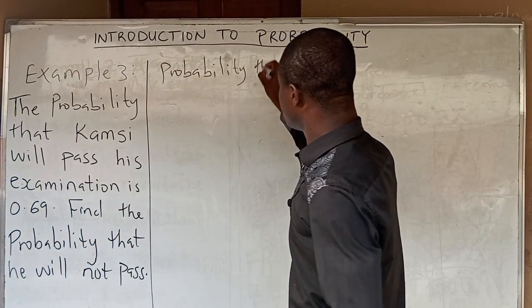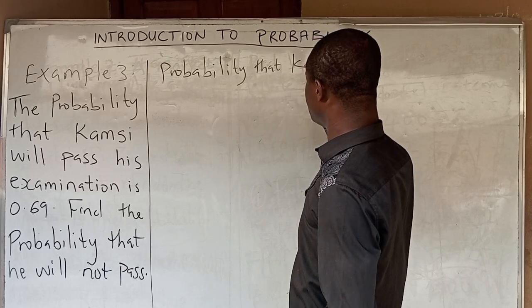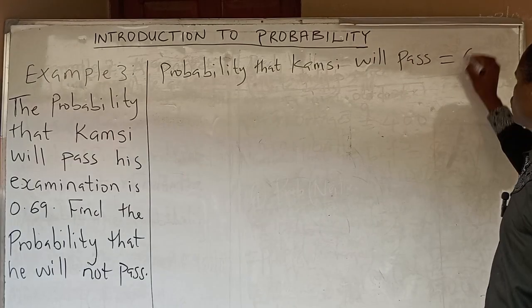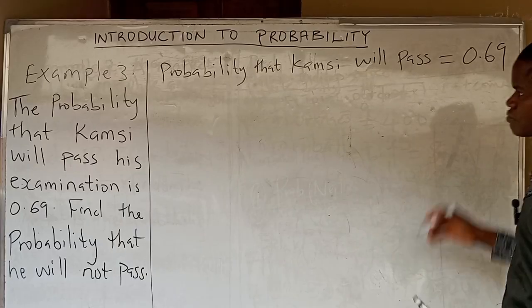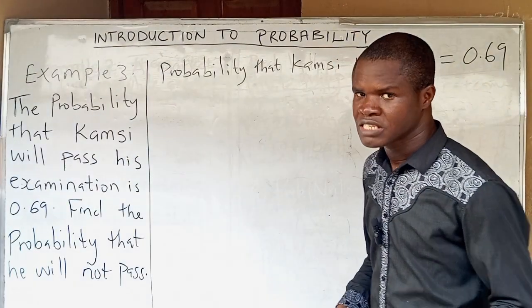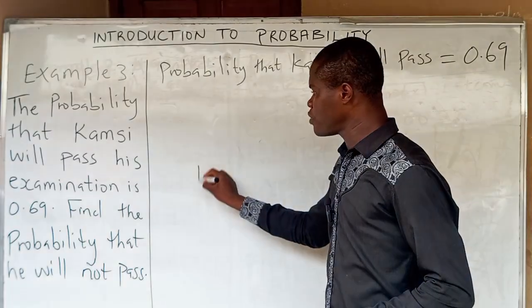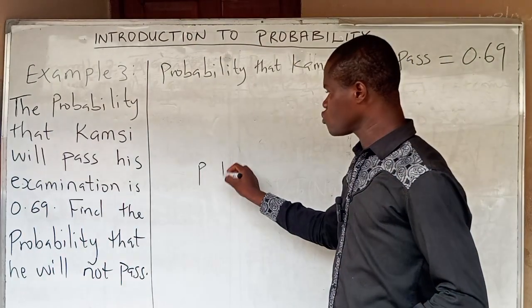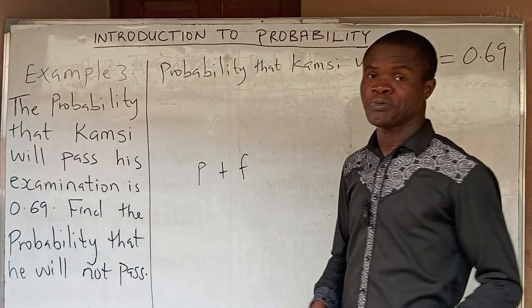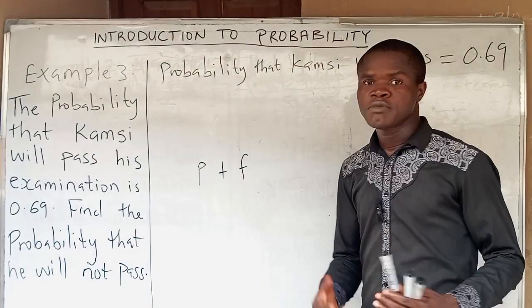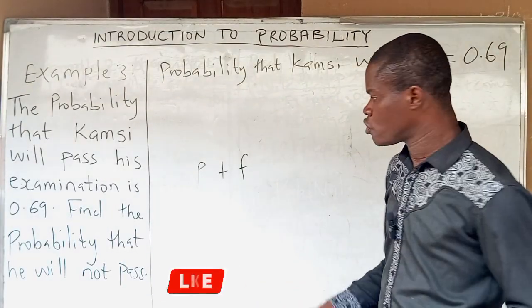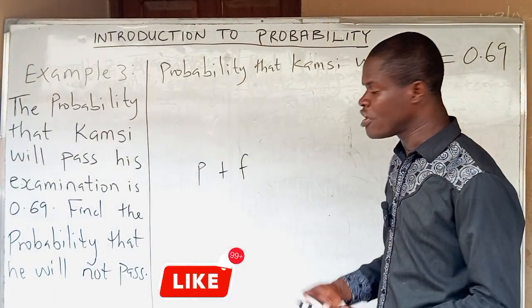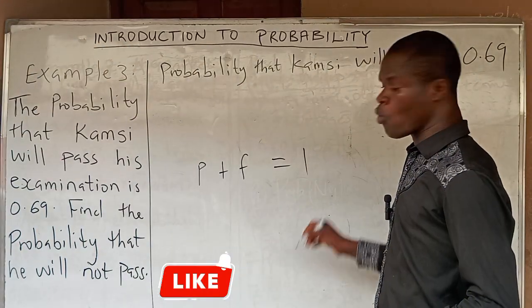probability that Kamsi will pass is equal to 0.69. Now let's do this little arithmetic. I want to use P to represent pass, and I want to use F to represent fail. Remember, I told you from the introduction that the probability of success plus the probability of failure is equal to 1.